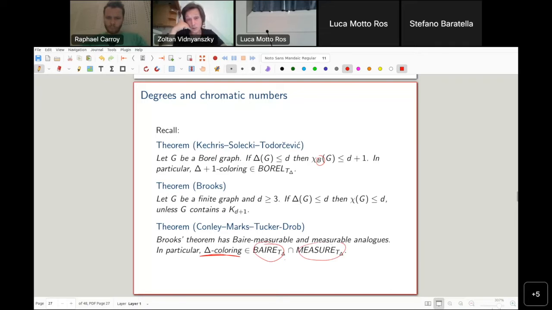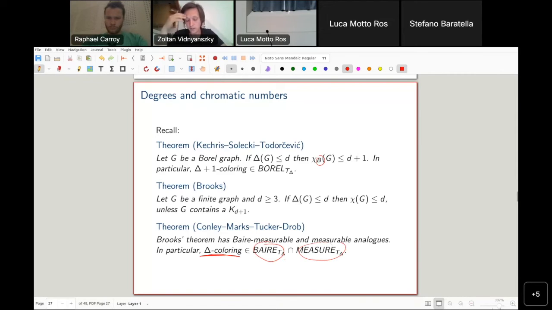Okay, but what about the Borel context? It was open for some time, I think for 10 years or so. One hardship with this theorem is that most of the tools for proving that some graphs have a large Borel chromatic number are essentially just Baire category and measure, as you have seen before with this circle.